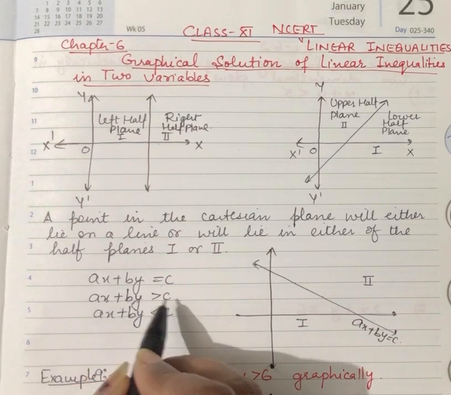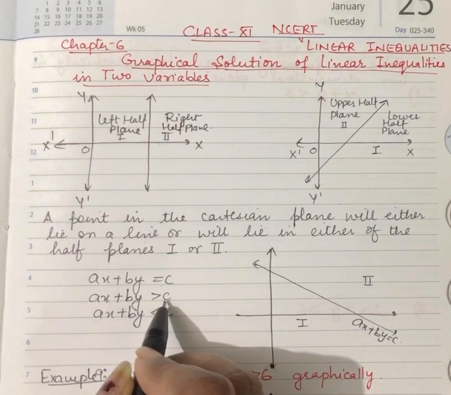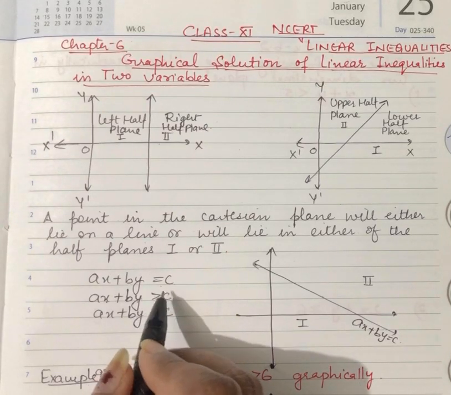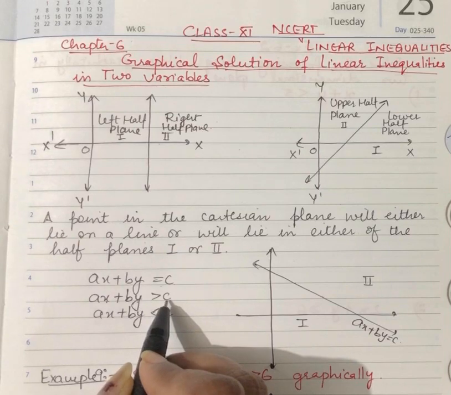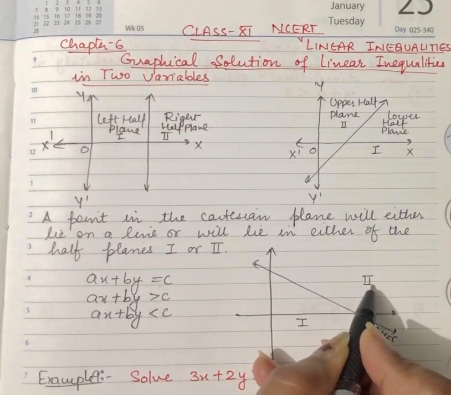We see that 0 greater than c. If c is positive, this is not correct. 0 cannot be greater than c. So the solution region will be away from origin, that is the second half plane.